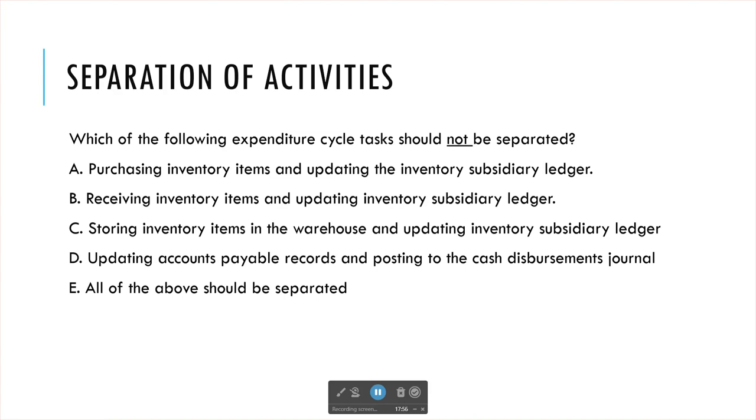Receiving inventory items is handling, which is also custody. Updating inventory subsidiary ledgers is record keeping. Storing inventory items is also something like handling, which you would call custody. And updating inventory subsidiary ledger, record keeping. So you can see A, B, and C violate separation of duties.